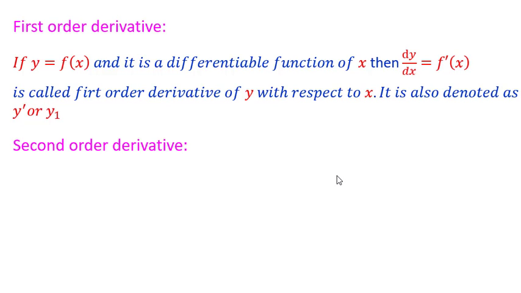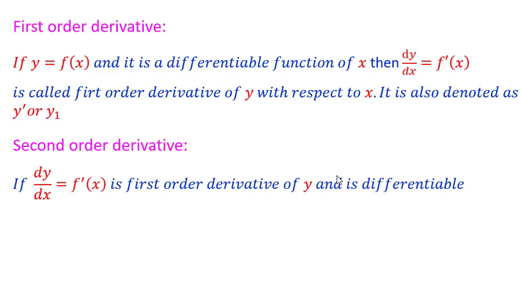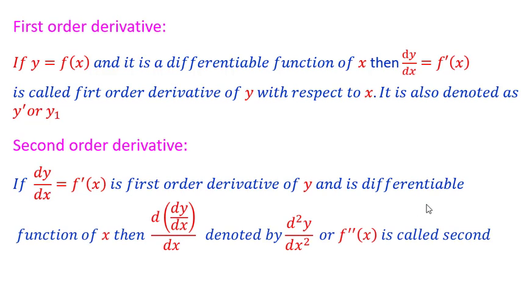Now let us understand what is second order derivative. If dy upon dx equal to f dash x is the first order derivative of y and is a differentiable function of x, then we can differentiate this dy upon dx again with respect to x and denote this as d square y upon dx square, or we can also denote this as f double dash x.